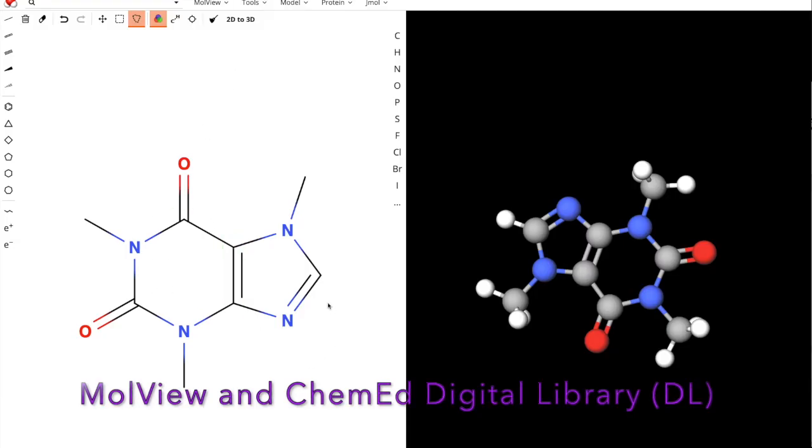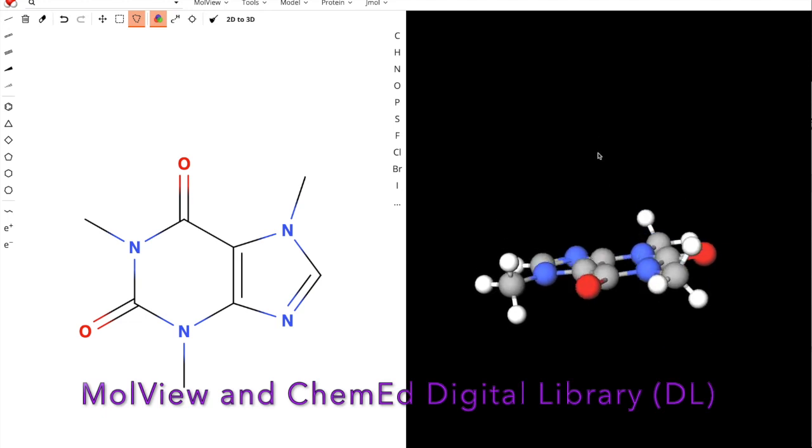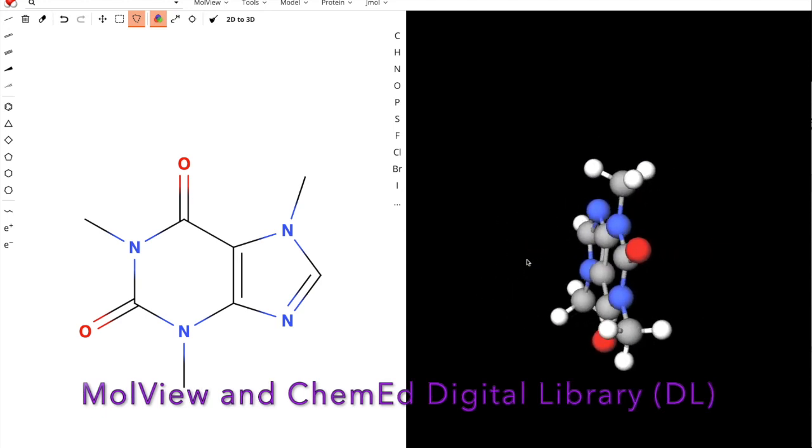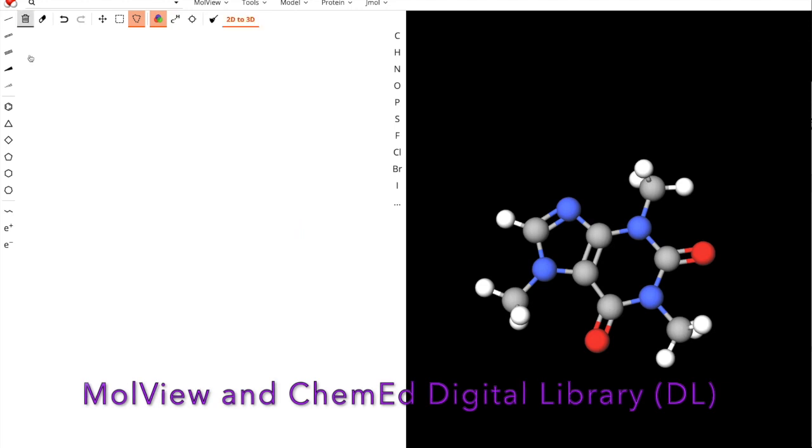This is a structure of caffeine. What you can do here is, let me go ahead and clear this. Of course, you can rotate the structure, so you can see the geometry around each atom. You just take your mouse and move your mouse. But let me clear this so that I can explain the different features in this particular program.